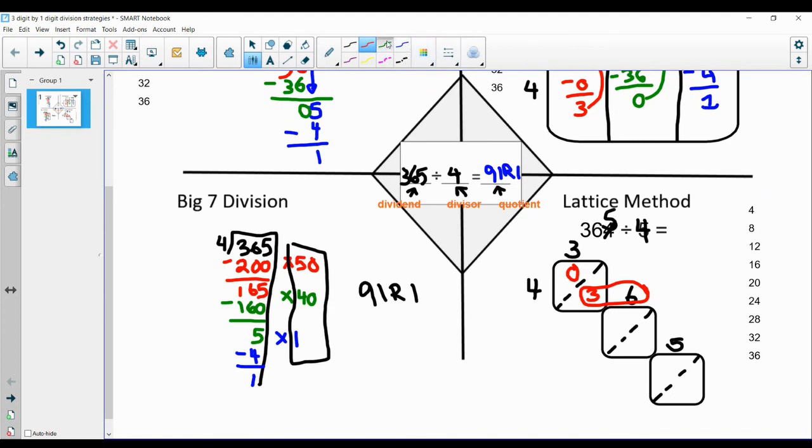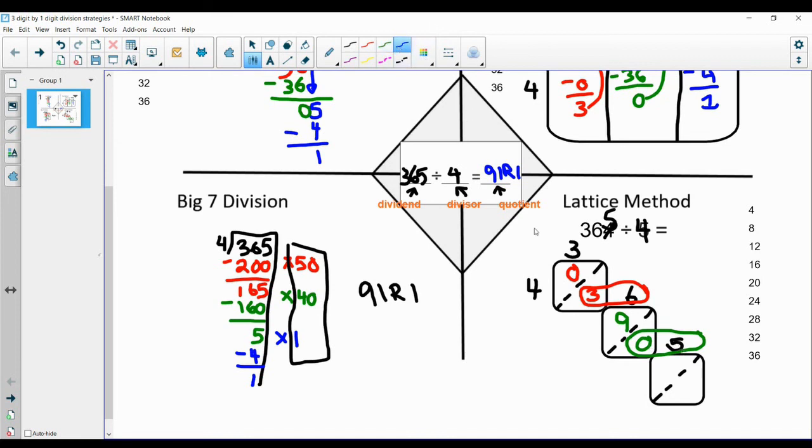I'm going to write 9 in the top part of my lattice, and then I'm thinking 4 times 9 is equal to 36. 36 minus 36 is equal to 0. Now I'm going to circle my 0 and my 5. 0 doesn't really mean anything in terms of the value, so I'm just looking at 5.